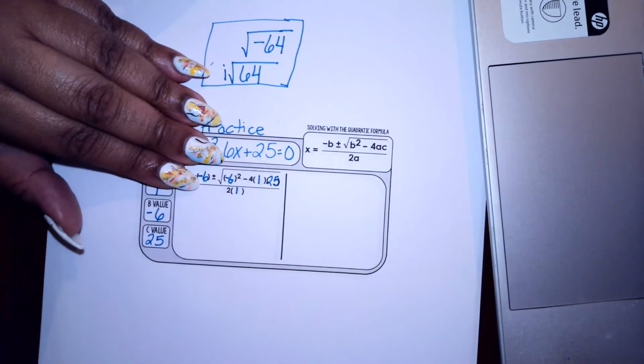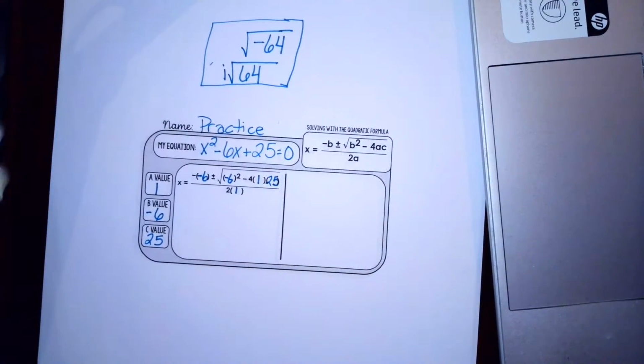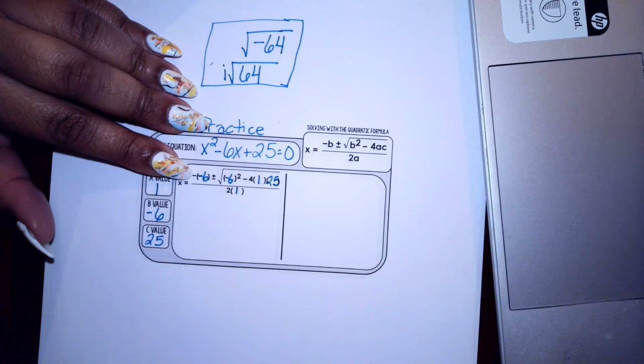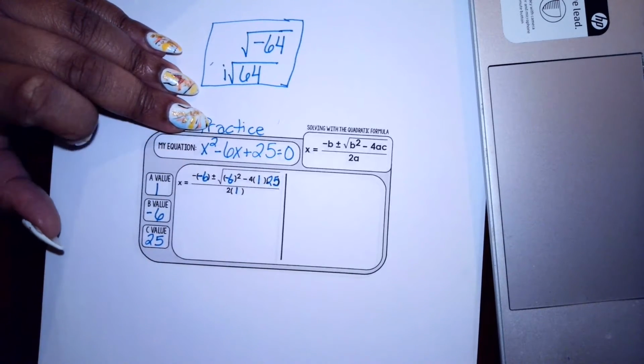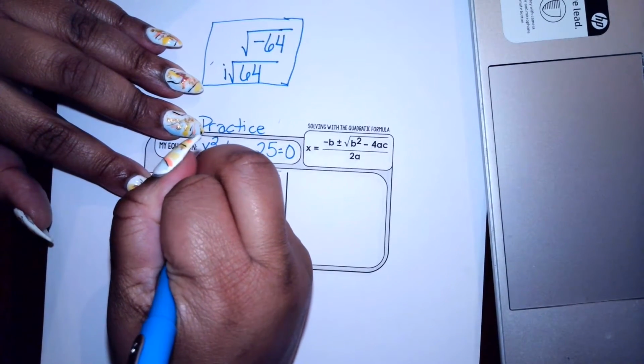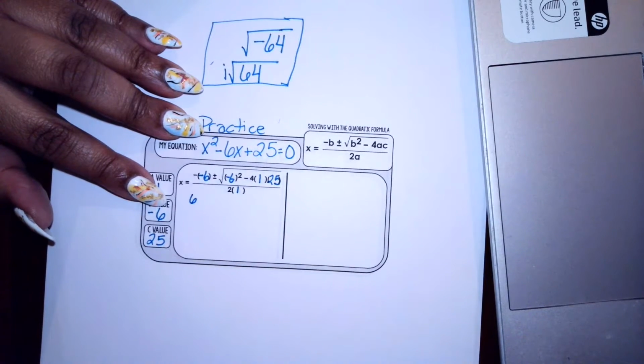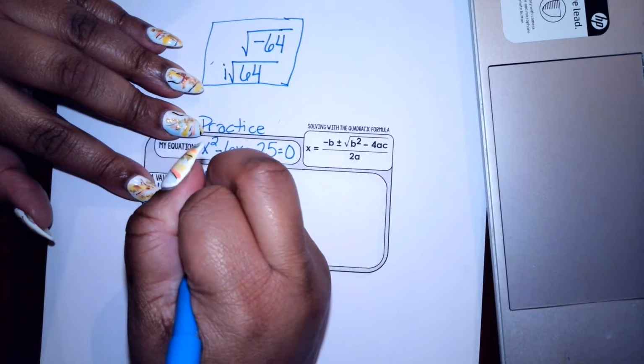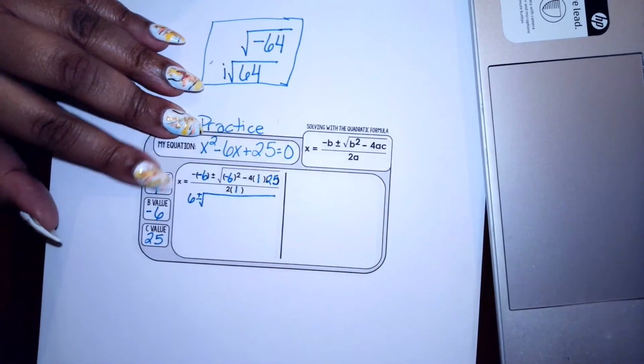Next, we're going to multiply, simplify, and make it look a little neater. We have a double negative here, so it gives us a positive number. We're going to get 6 plus or minus, and let's go ahead and get our square root together.